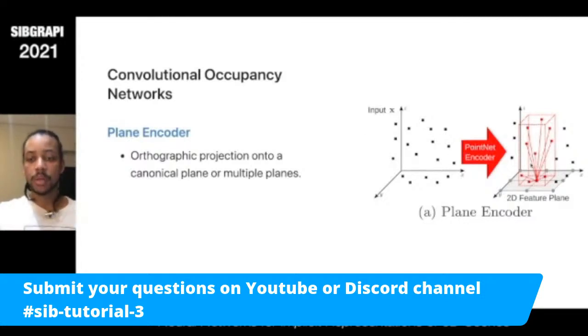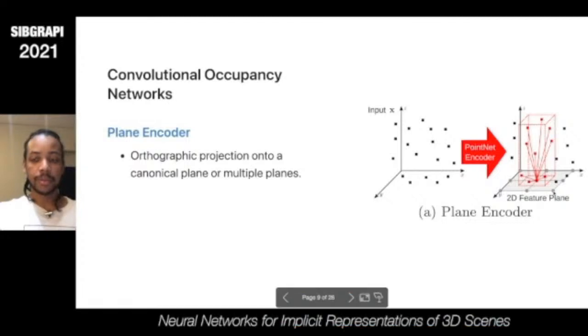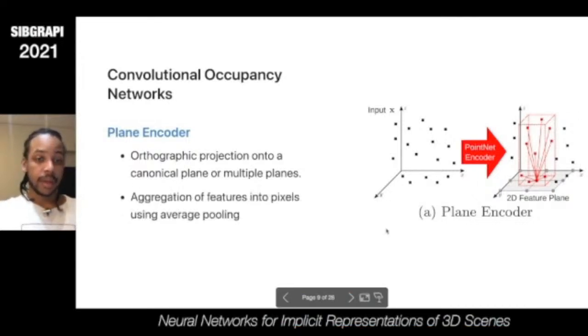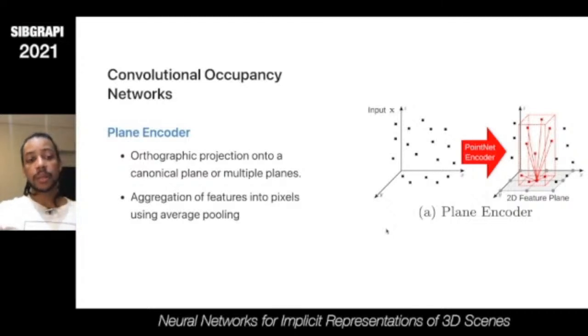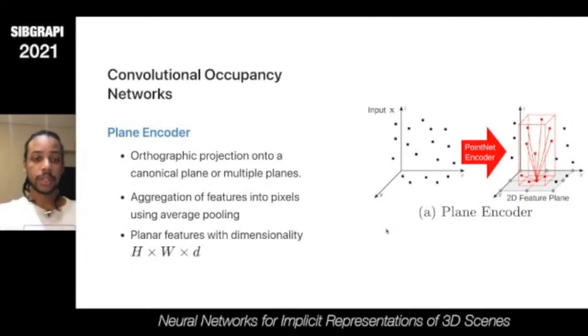So we could use this ground plane to project our features, or we could use three of these canonical planes in this space. After this projection, we aggregate the features into pixels by using average pooling. This way, we get planar features with dimensionality height times width times the dimension of your features, for each plane that you choose.